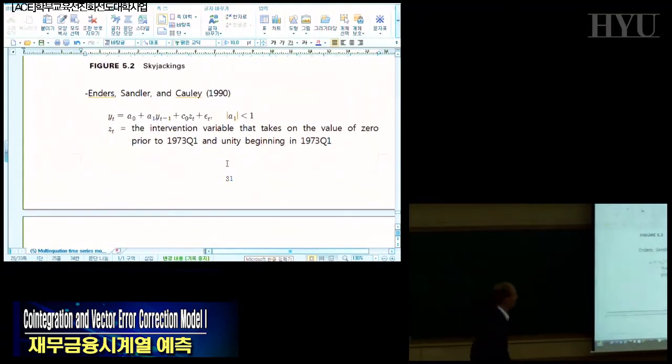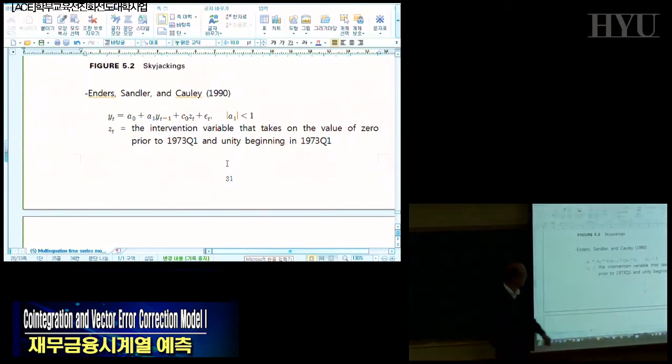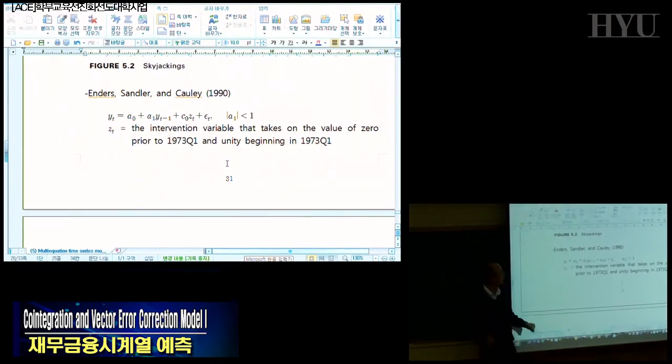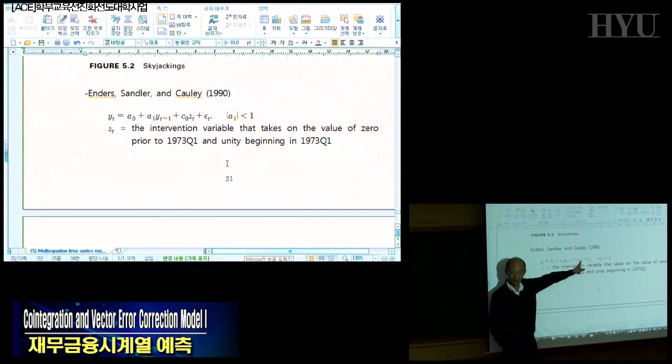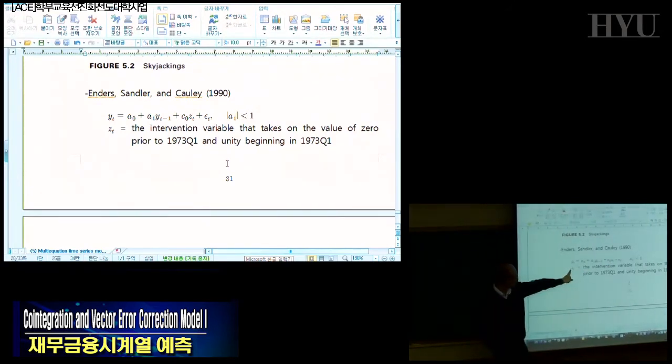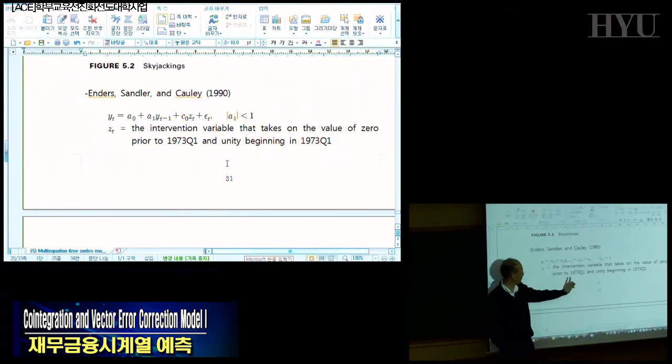So in the early paper, Anders examined this type of equation where YT could be number of skyjacking, and of course there's some serial correlation, right? And this is intervention. So intervention variable Z is 0 prior to this quarter, and then 1s.